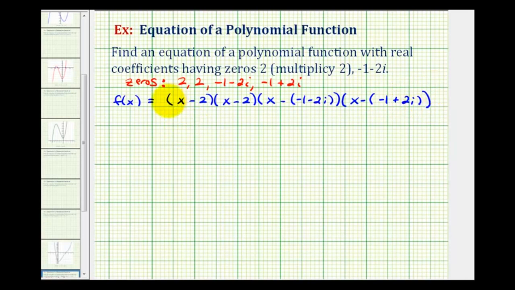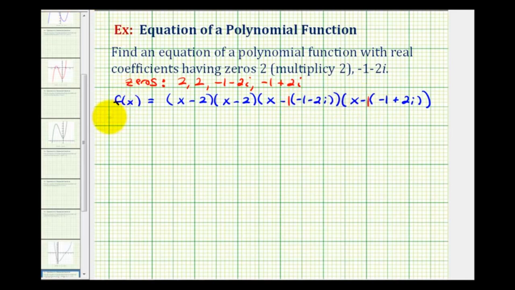Now we could also put a constant here, but since we don't have any fractions in our binomial factors, we won't include one. Now we need to find this product, but before we do this, to multiply these last two binomials, it'll be easier to keep track of the signs if we eliminate the parentheses inside our factors. To do this, we can think of distributing a negative sign, or a -1 here, as well as here.